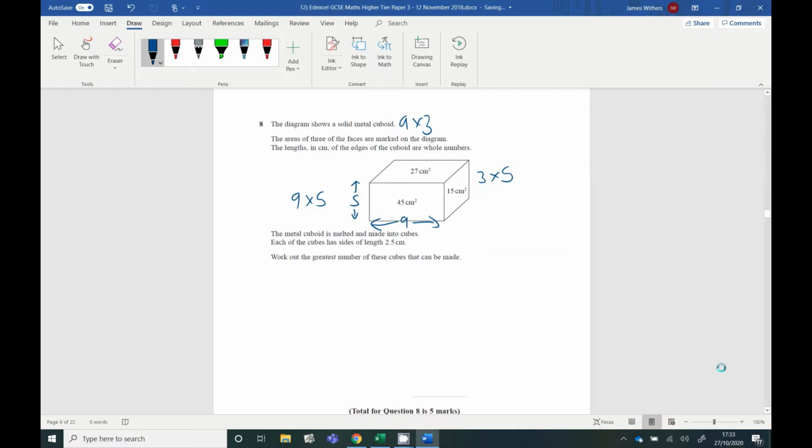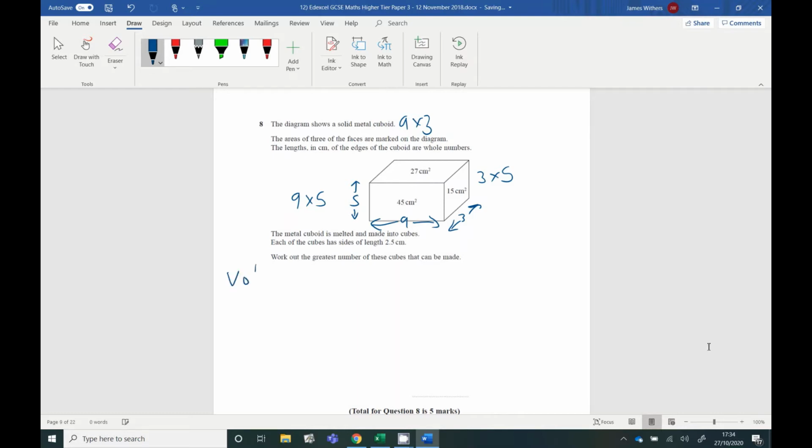this is 3. And just checking that that works, that means that we've got 9 3s are 27 on top. Yep, that's right. 5 3s are 15 here on the side. That's right. And 5 9s are 45 on the front. That's right. So we know that the width is 9, depth is 3, the height is 5.